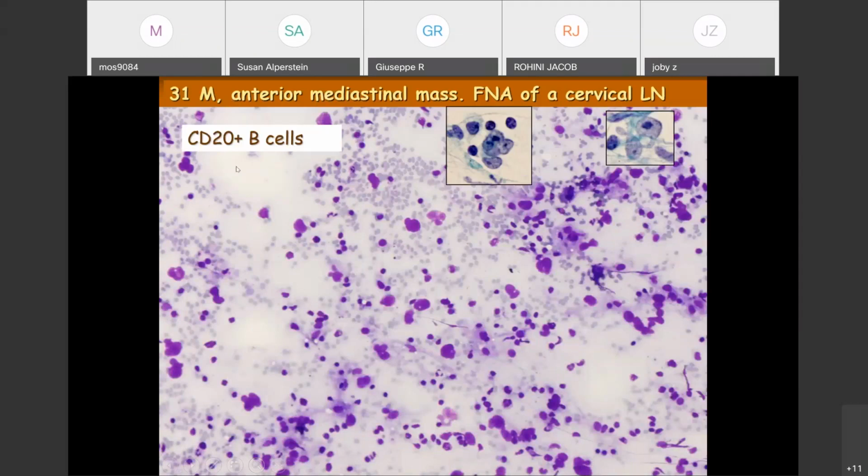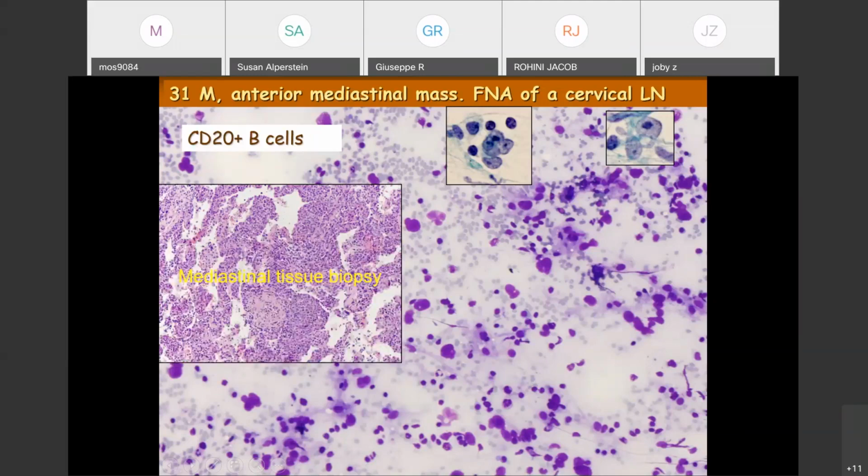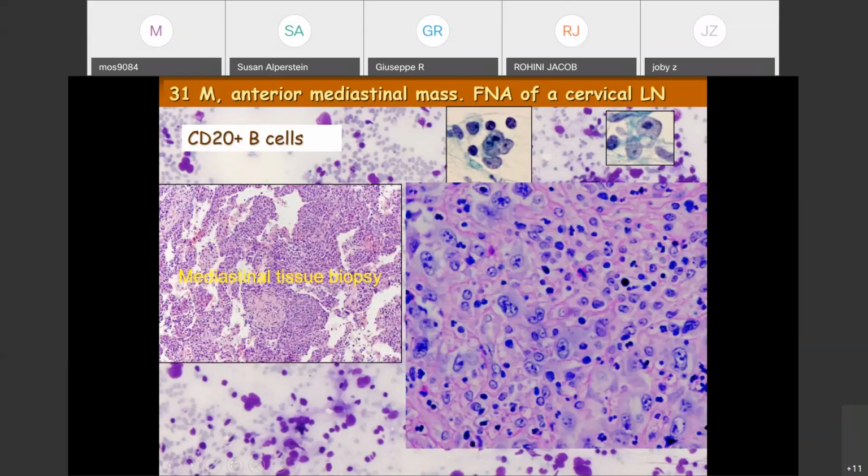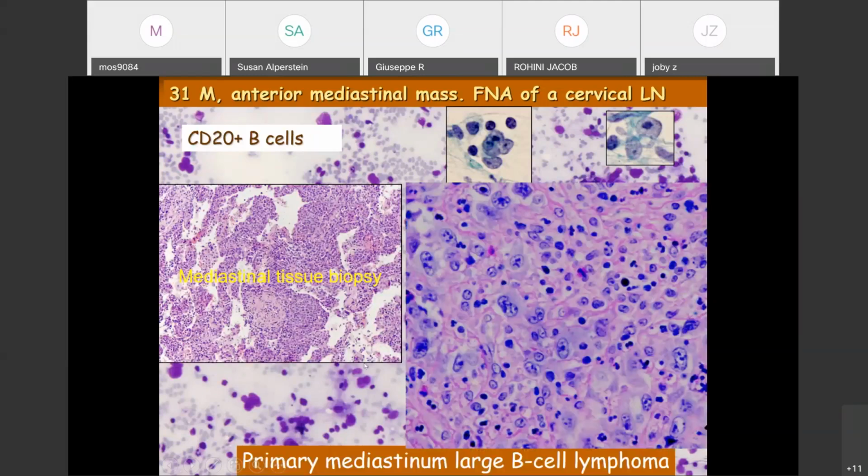Staining shows all those big cells are B cells, so it's a B cell lymphoma. And the mediastinal tissue biopsy shows this. So it's an example of primary mediastinal large B cell lymphoma.